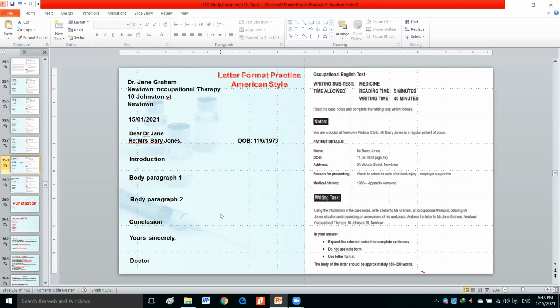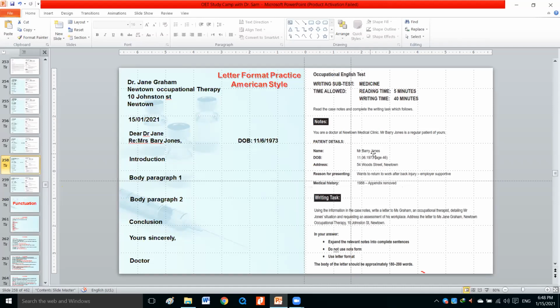First, the first name of the doctor, Jane, is wrong because it is Jon instead. No, as you see, this is the name of the recipient, Ms. Jane Graham, while the name of the patient is Jones.